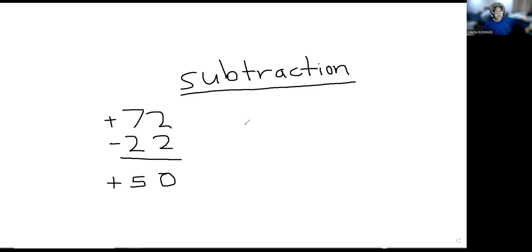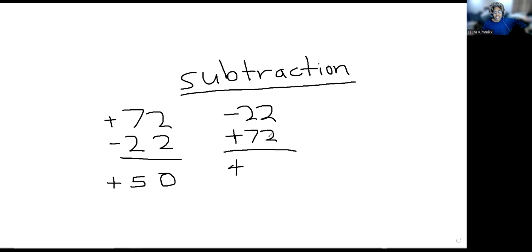And now if we do, let's see, negative 22 plus 72. Okay, since 72 is a positive number and it's larger, it'll come out as another positive number.